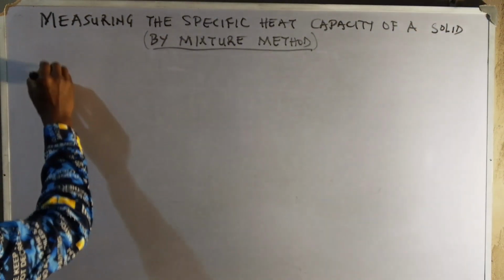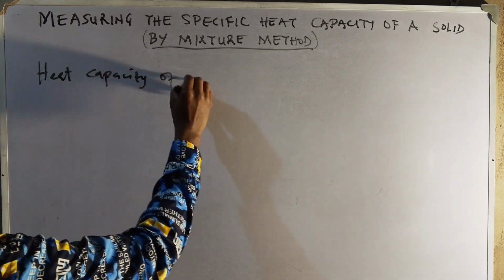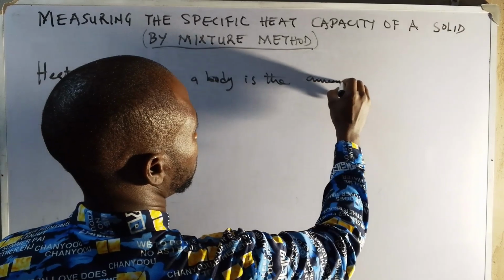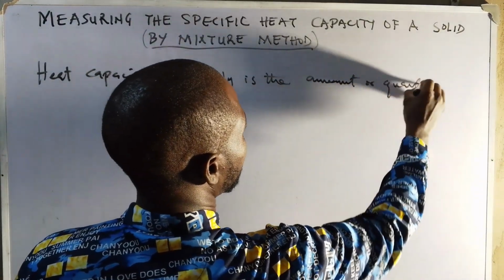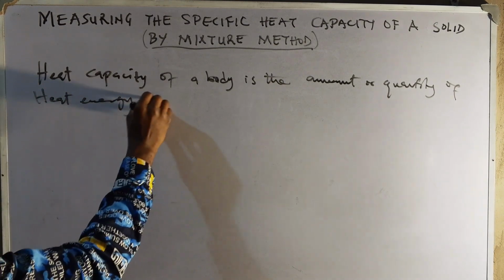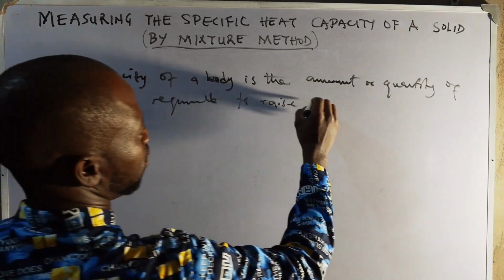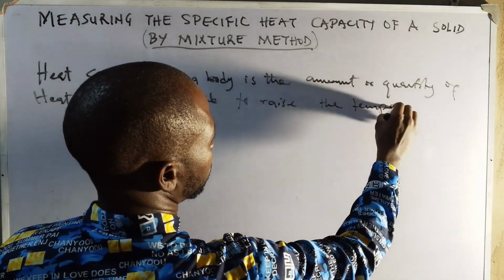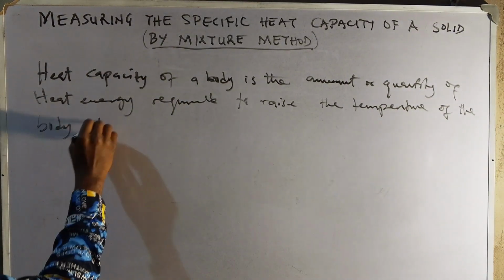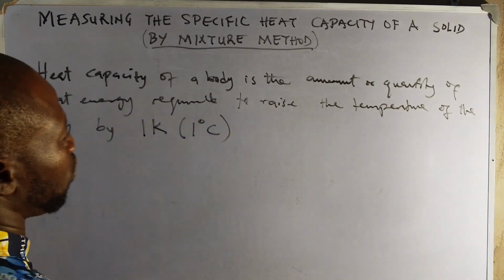So heat capacity of a body is the amount or quantity of heat energy required to raise the temperature of the body by 1 Kelvin, or let's say 1 degree Celsius or 1 degree centigrade.